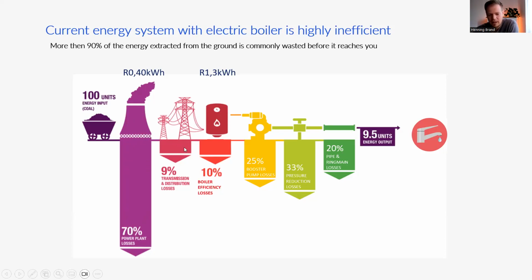Then we have about 9% transmission losses. Then you have the electric boilers, about 10% efficiency losses. Then you have the pump losses and the pressure reduction losses. At the end, you end up with about 9.5 units, so like a tenth of the original energy that you put in.